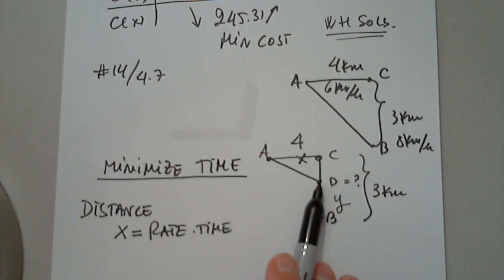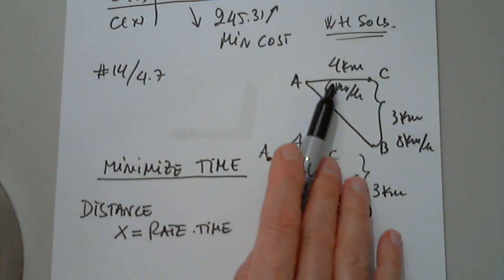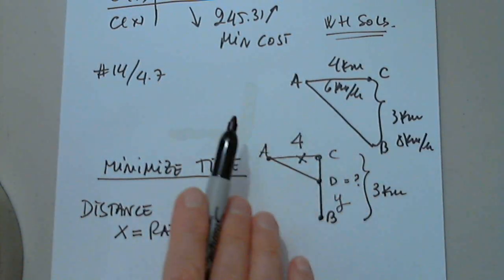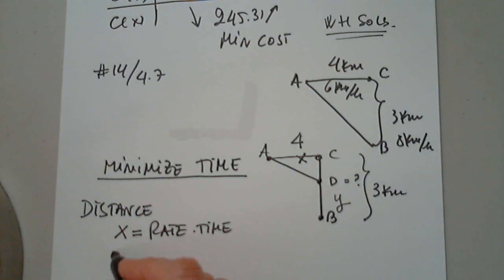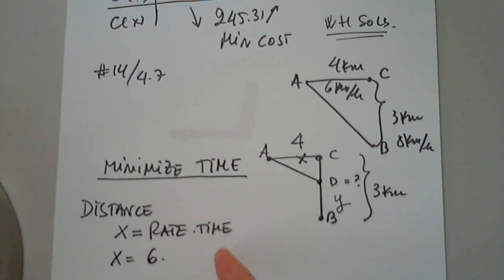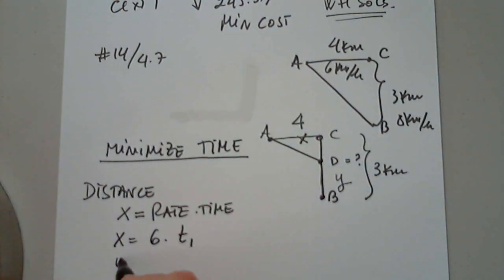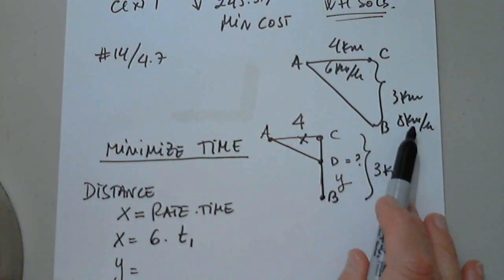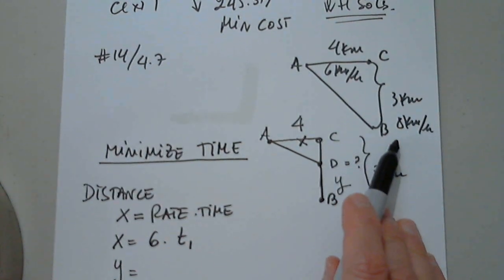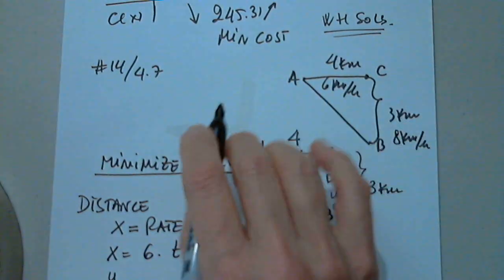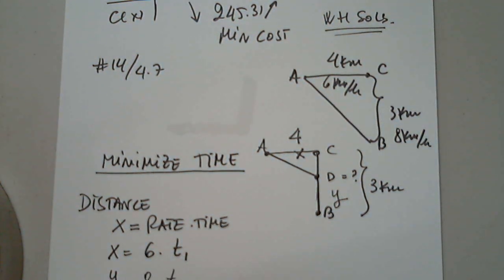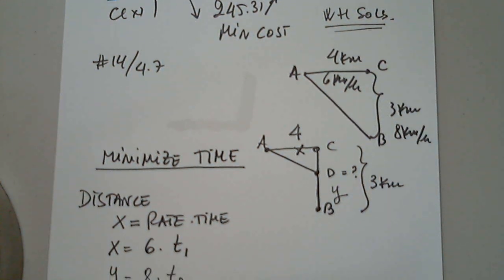So X is rate times time. The rate we know, it's 6 kilometers an hour because he is rowing. So X will be 6 times time. I'm going to call the time for AD time T1. Then Y is also rate times time, but his rate is 8 kilometers an hour, times time T2.